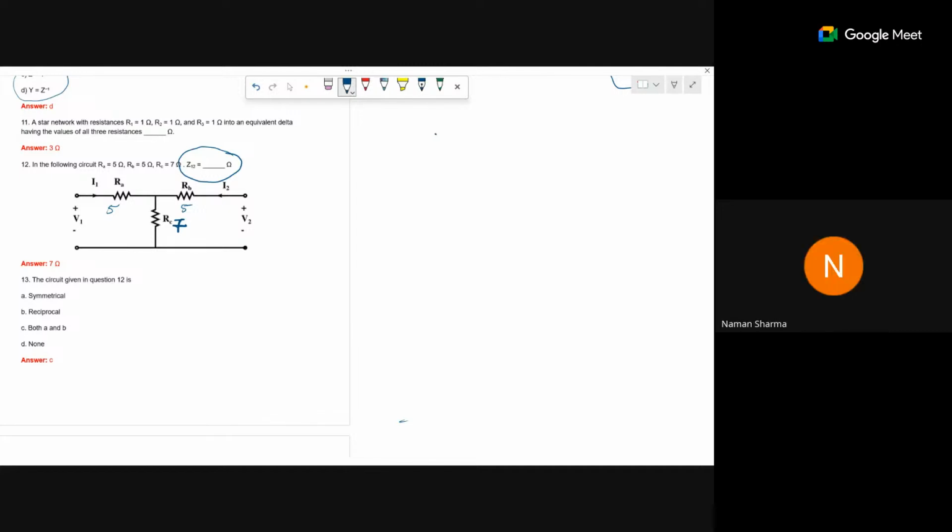Sir, it is both. Why is it both? Because if I reform this network like this, looking from the left side and right side it is exactly the same. Can I reform like this, is there any doubt in this reformation?